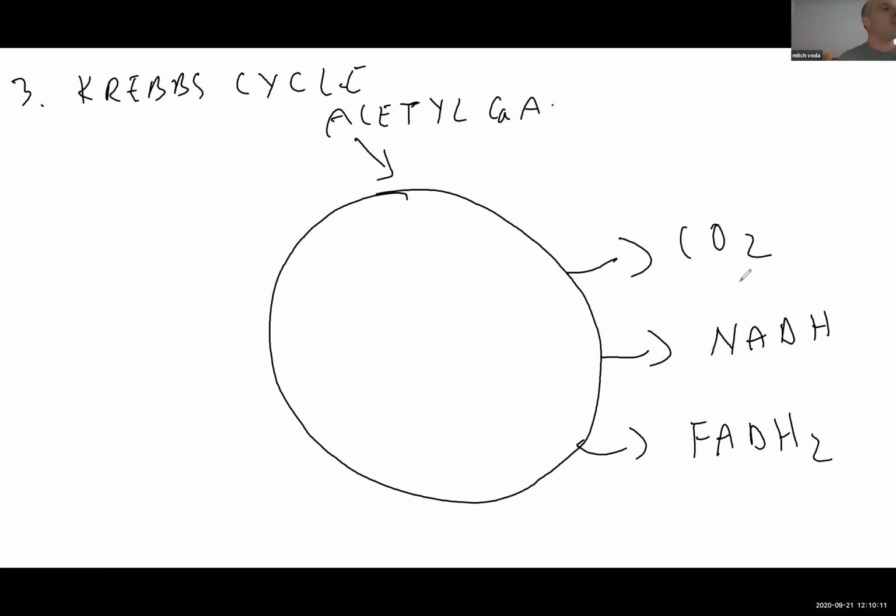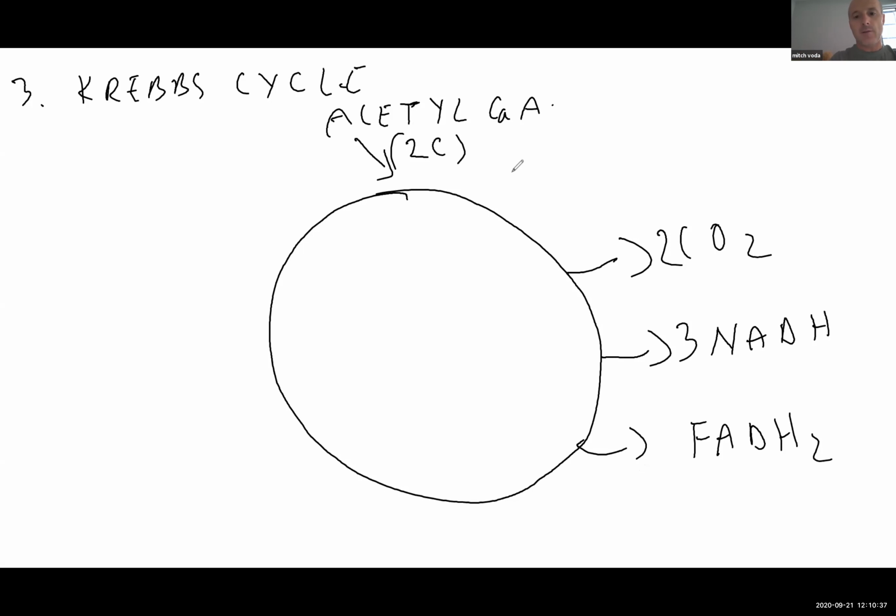Now, you should be able to tell me how many carbon dioxide we get. We know that the acyl group has 2 carbons. So how many carbon dioxides do you get? 2 carbon dioxides. As a byproduct, we also get 3 NADH and 1 FADH2.